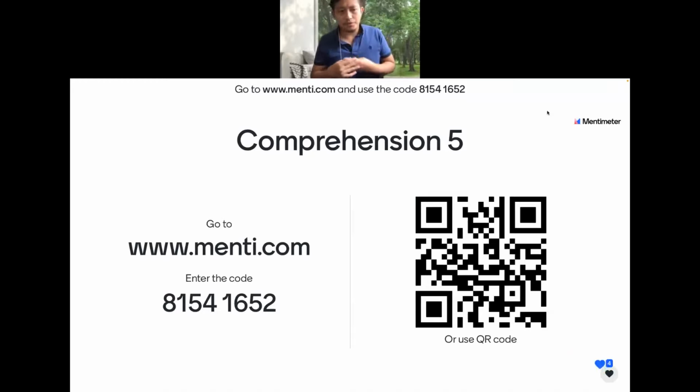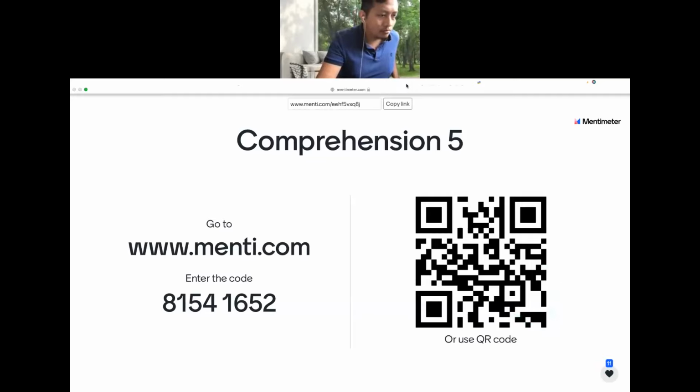We only have 2 or 3 questions. One is short, the other 2 need a little bit of calculation, so you need to prepare pen and paper. Or if you want to prepare a calculator, also fine.